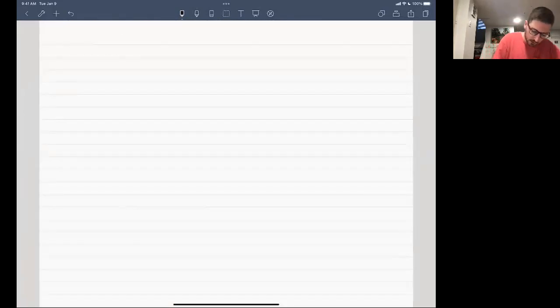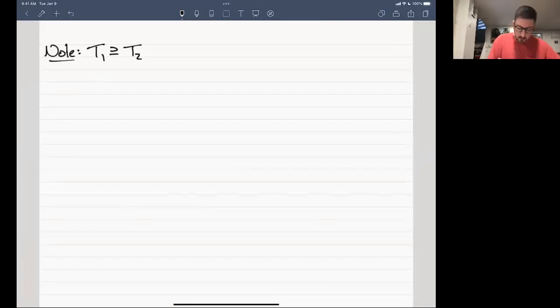Now, let's put some notes up. T2 is looking at all the elements from x2 on. T3 is all the elements from x3 on. So you can see that you have this nesting here. T1 is the original sequence, which contains all of the elements from T2, which contains all of the elements from T3.